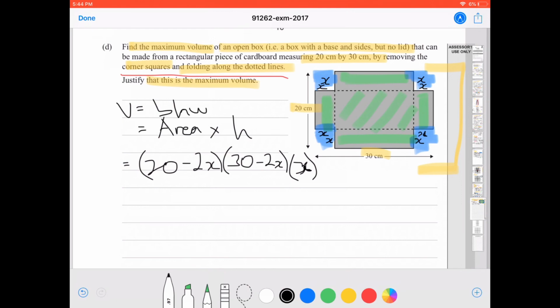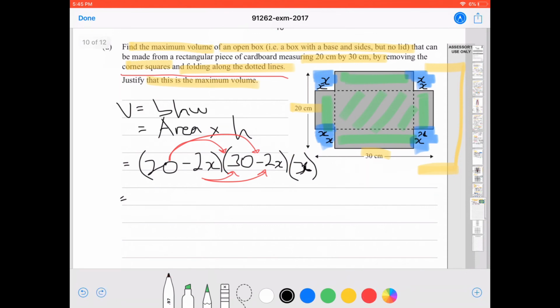Let's expand the brackets and then we will differentiate and set equal to 0. So obviously expanding brackets, I'm talking about the FOIL method, so you're multiplying first, outer, inner, and last. We'll deal with our lone x at the end.